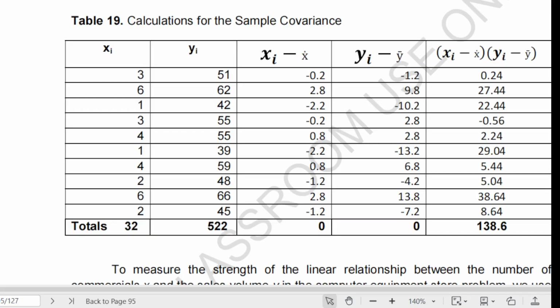So this is now the result of our xi minus the mean of x.